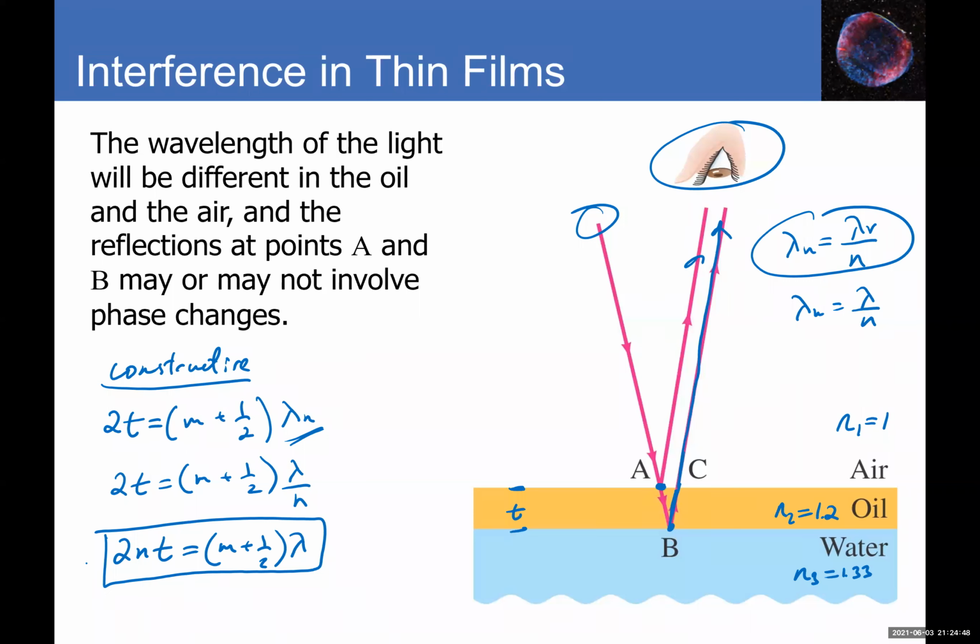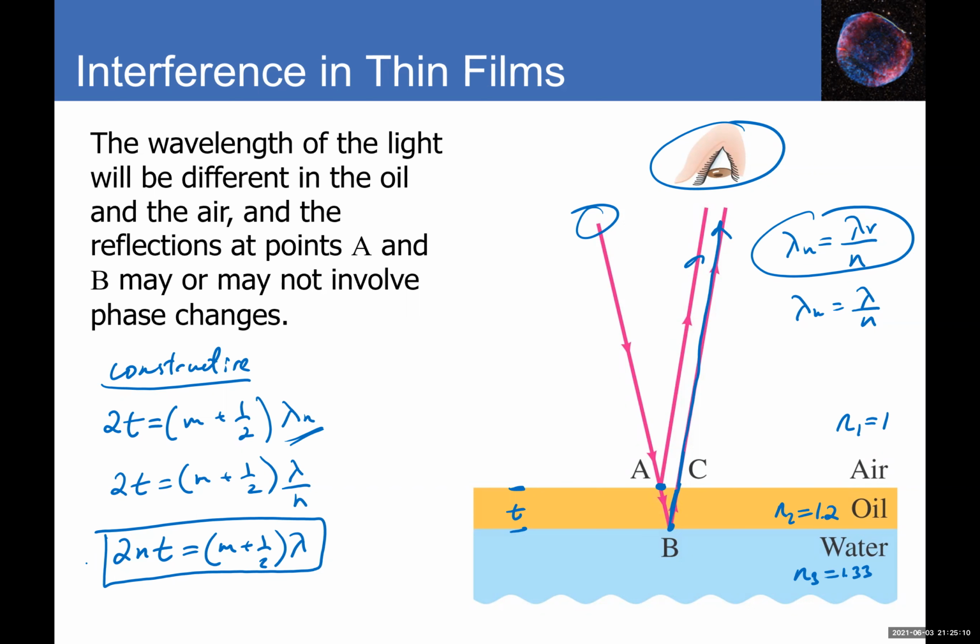Let's say the phase difference for two waves is m times lambda, and there's a 180-degree phase change between them.